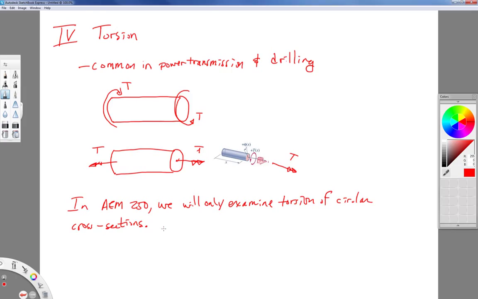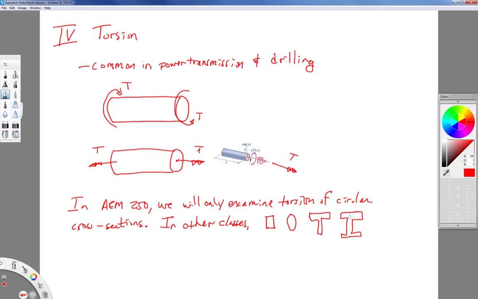If you're in civil engineering, you might take steel structural design. And in aerospace engineering, you have aircraft structures. You'll take a look at other shapes, such as rectangular sections, maybe ovals, I-beams, T-shaped cross sections, all these other kinds of shapes you can do torsion on, but we're only going to study torsion of circular sections in this class.